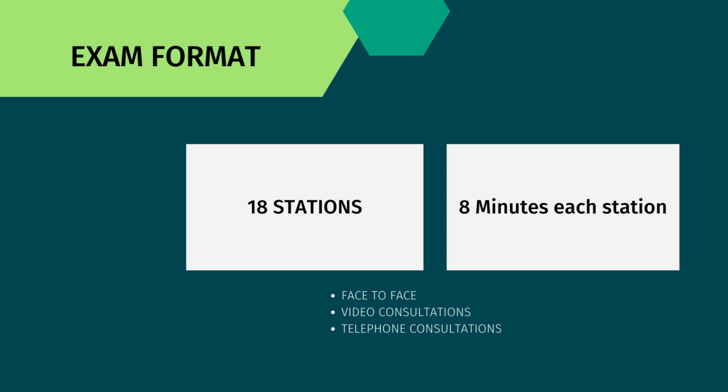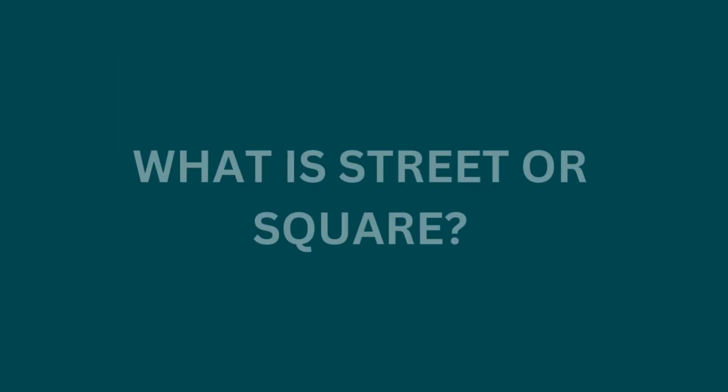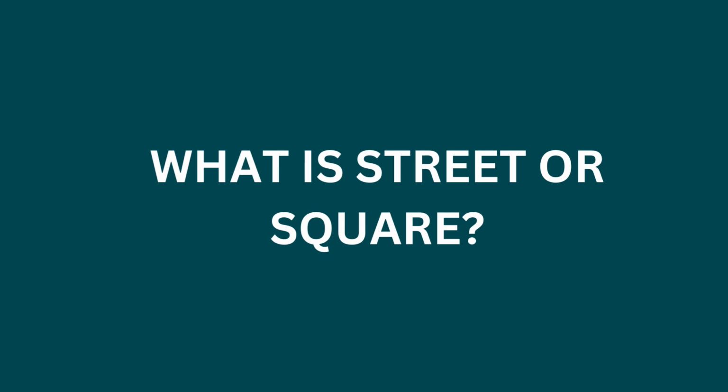The number of these stations that you will be getting, either a video or a telephone consultation, totally depends on the exam center that you've been given. So you're going to have two exam centers. One of them is going to be Street, and the other one is going to be Square.